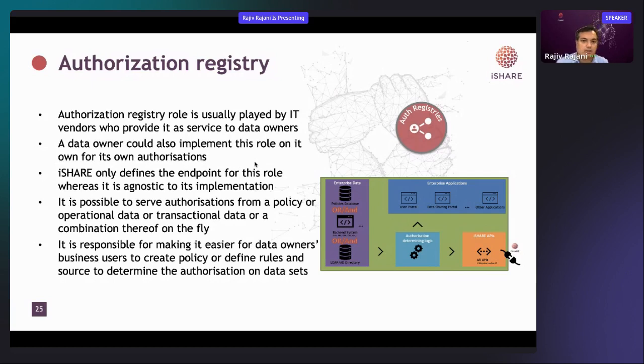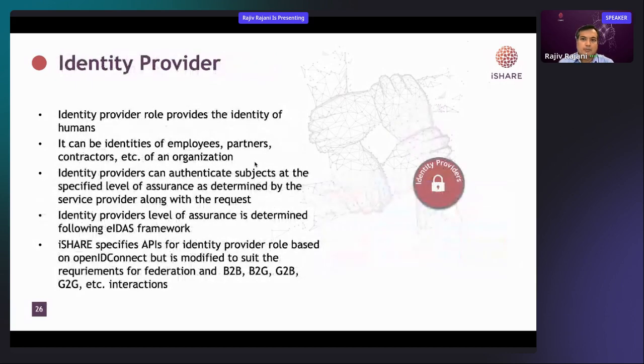The interface is very standard. And for parties who want to play this role as an authorization registry, it is your responsibility to make it easier for data owners or business users to create either policies or define business rules to determine how the authorizations can be determined. Right. So that is the expectation from this role.